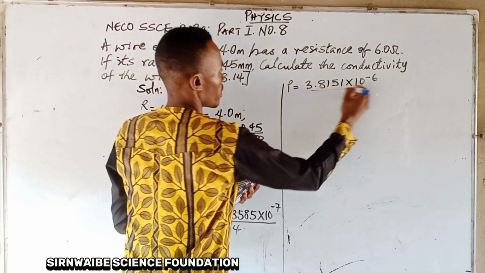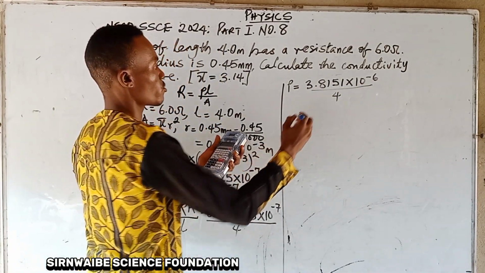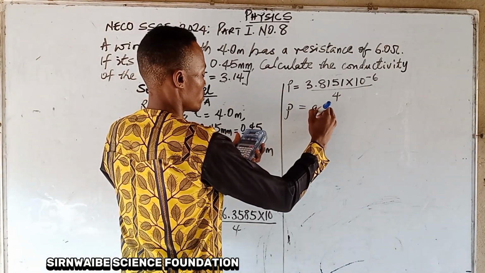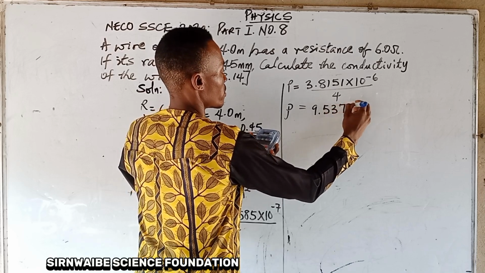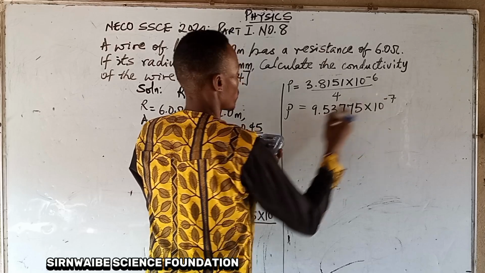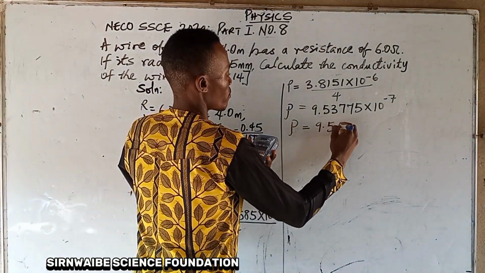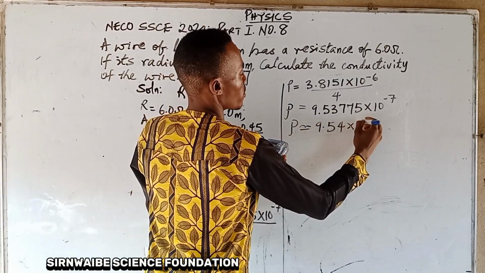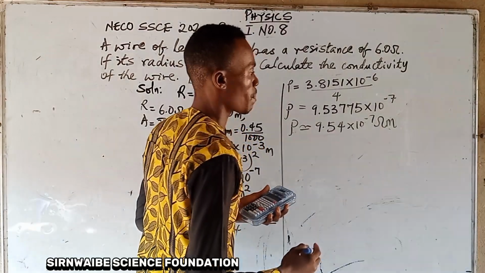Then we divide by 4. When we divide it by 4, we have that ρ is equal to 9.53775 times 10 raised to power minus 7. So the resistivity now is approximately 9.54 times 10 raised to power minus 7. This is in ohm meter.